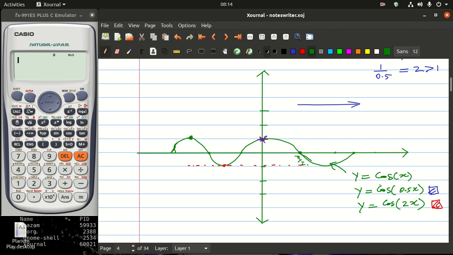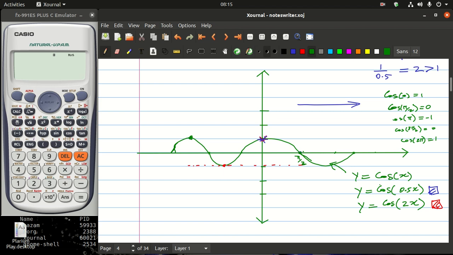This is pi over 2, and then this is 0, pi over 2, and then here this is supposed to be, okay, cosine of 0 is 1, and then cosine of pi over 2 is 0, and then cosine of pi is supposed to be minus 1, and then cosine of 3 pi over 2 is supposed to be 0, and then cosine of 2 pi is supposed to be 1 again. So 1, 0, minus 1, 0, because it's oscillating like that.